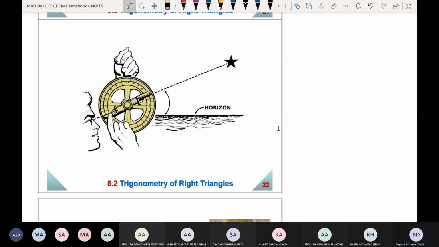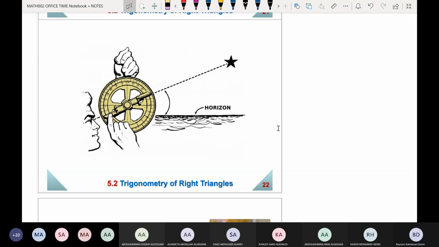According to the picture, what could be the time of the day? Who's going to make a good guess? Morning. Maybe afternoon, could be close to evening, right? Either the sun is rising or the sun is setting.